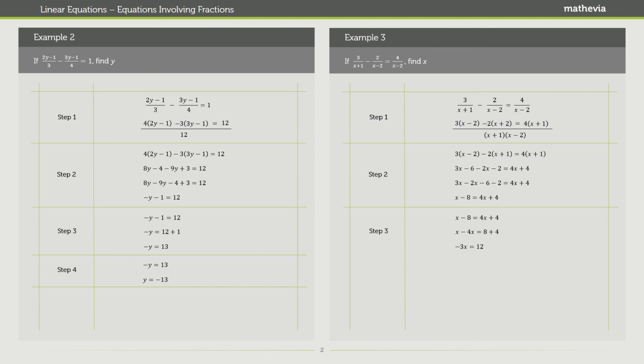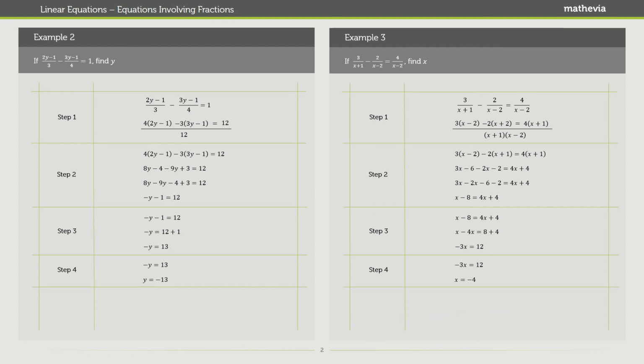You simplify, collect like terms, move across the equal sign to have all your x's on the left and all the numbers on the right, and we're left with minus 3x equals 12. From this point on, we simply divide both sides by minus 3, and in the end we have x equals minus 4.